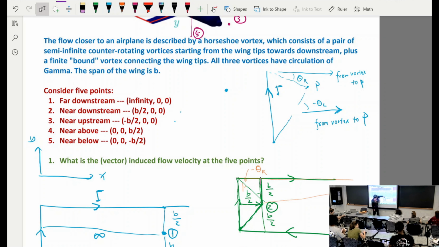And when you go from that point along the direction of that vortex, we have an increasing theta. And if you go in the opposite direction, we have a decreasing theta. Okay, and the subtraction is going to be the bigger theta minus the smaller theta. And then you figure out the direction of the velocity using the right-hand rule. Okay, is that clear? Yes?